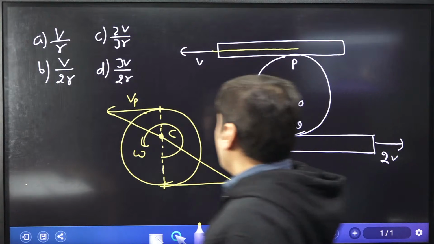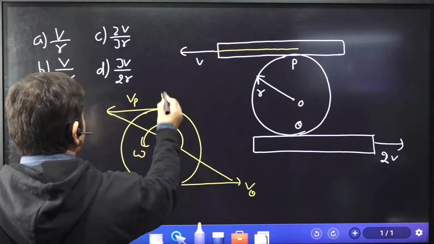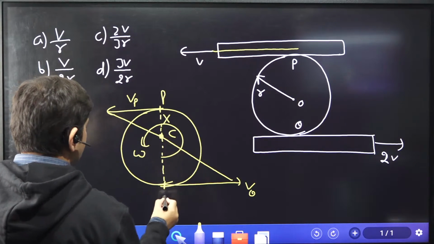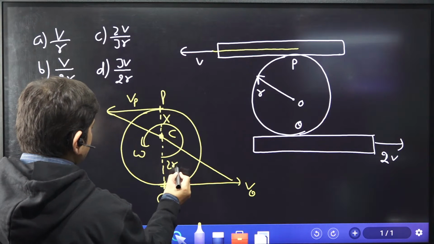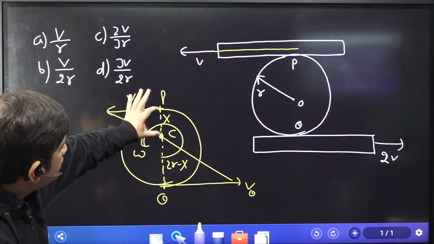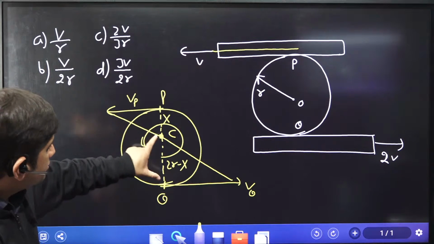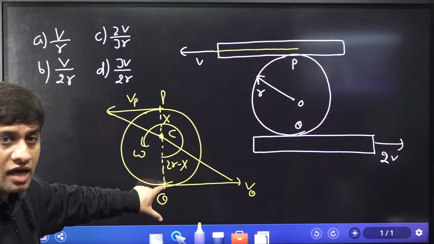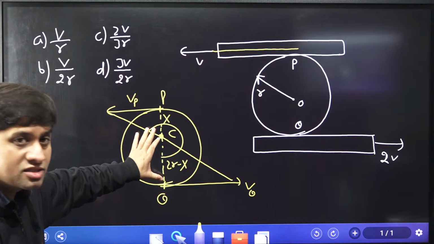Now let us say the distance from C to P is x. So the distance from C to Q is the diameter, 2r, minus x. Understood this? If the distance from C to P is x, then the total distance is 2r, so 2r minus x is the distance which is left.